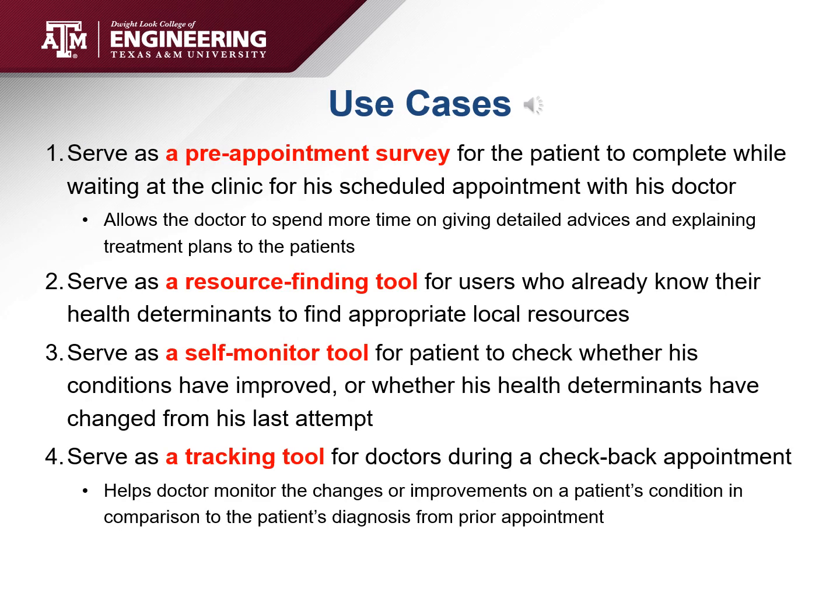There are four main use cases the Public Health App is designed for. First, it can serve as a pre-appointment survey for the patient to complete when he's waiting at the clinic to see his scheduled doctor.